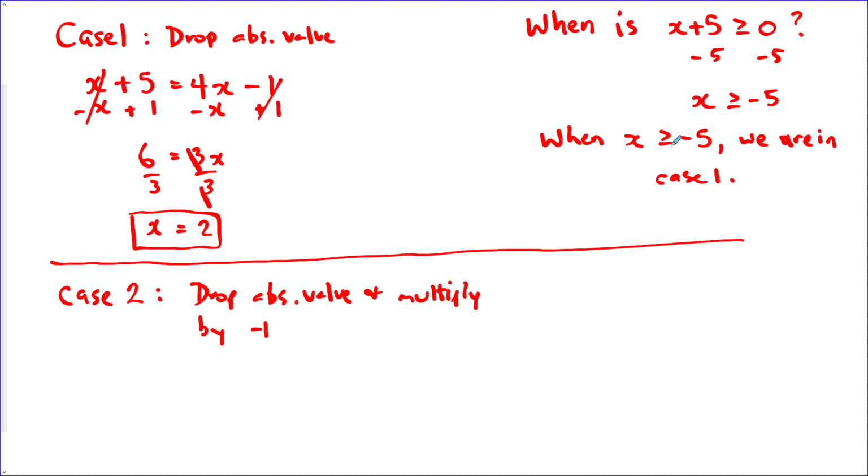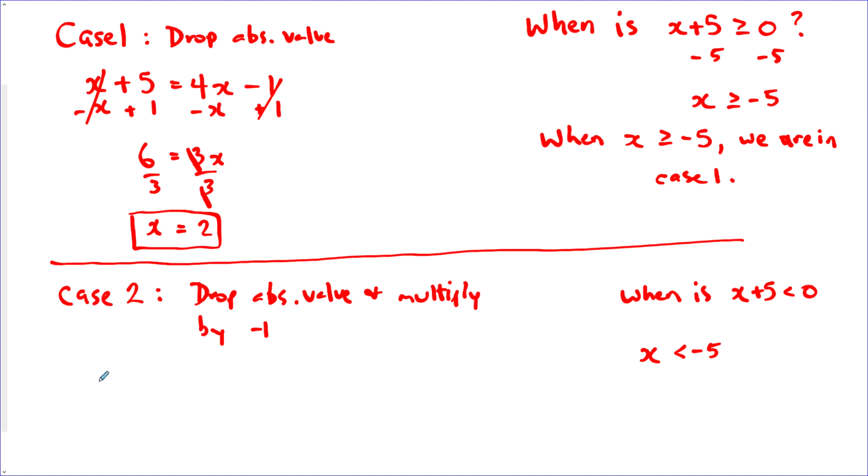So if this one was greater than or equal to negative 5, case 2 is when x is less than negative 5. And you don't need to redo the algebra. You can just take everything else for this case, unless it's outside the domain of the equation. But we won't have any questions like that.